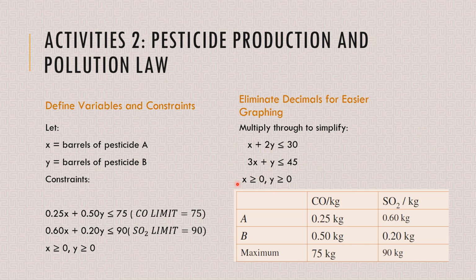We know that x is greater than or equal to 0 and y is greater than or equal to 0, because after production the amount might be 0 or more. The x represents pesticide A, and the y represents pesticide B.